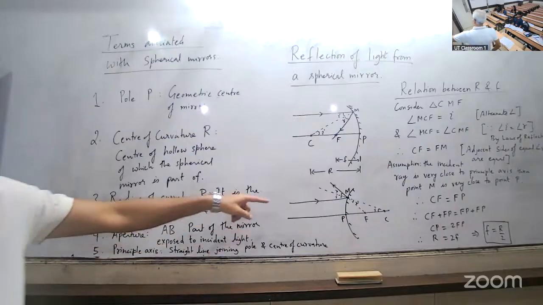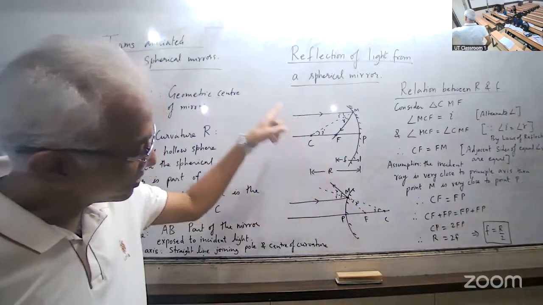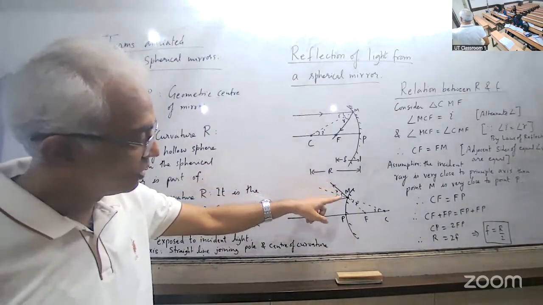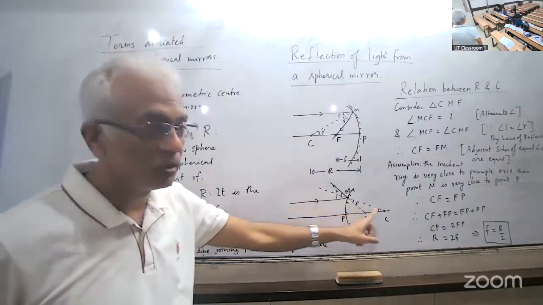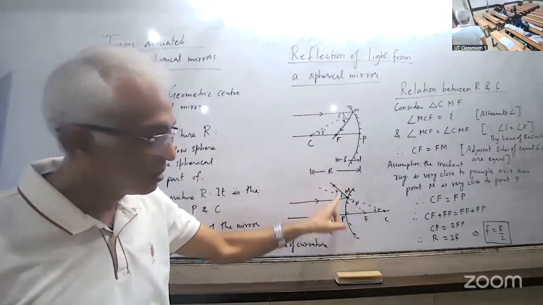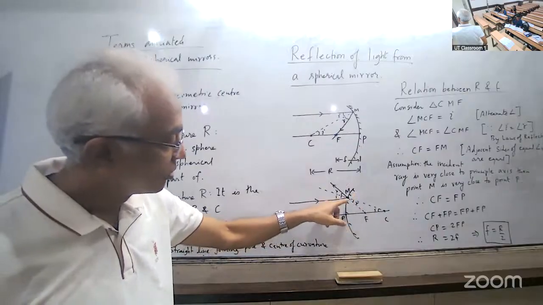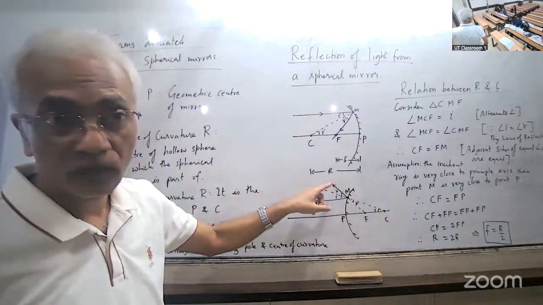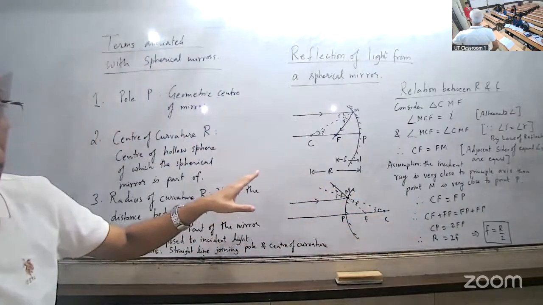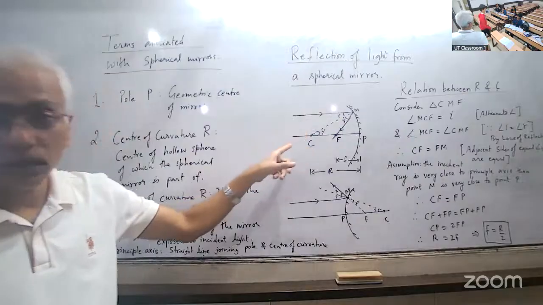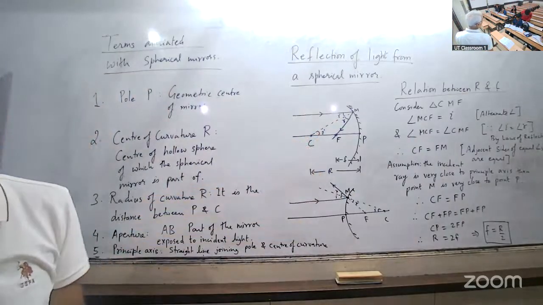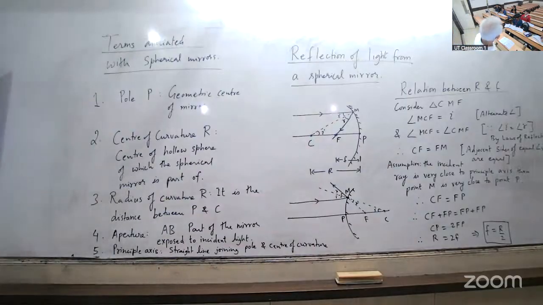So, understood reflection. In reflection from a reflecting surface, it will obey the law of reflection, I and R. And what do I need to construct the reflected ray? I need a normal. And what is a normal on a spherical surface? The normal at the point of incidence is the line joining C, the radius. Normal is always the radius. So what are the two normals you can see in the diagram? Identify two normals.